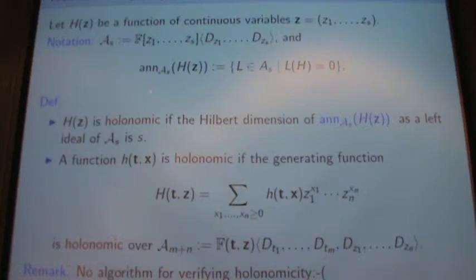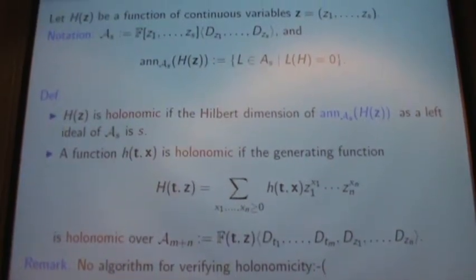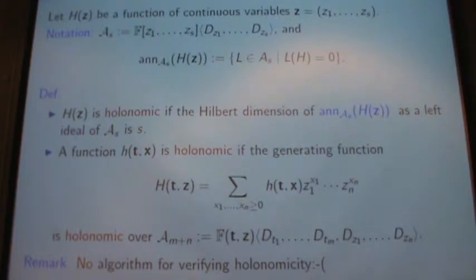You can check that this is an ideal in this ring. Now the meaning of holonomic is this: you have this annihilating ideal, and theoretically you can compute its Hilbert dimension. If the Hilbert dimension is just s, then we call this function holonomic.